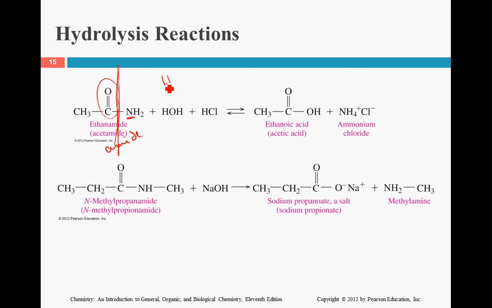Notice we have water here, and we have HCl. They've written the water as HOH to make it very evident that the OH stays together and that one of the hydrogens pops off. Well, in this process, the OH ends up attaching itself to that carbon, and that's why we get that carboxylic acid back out again.